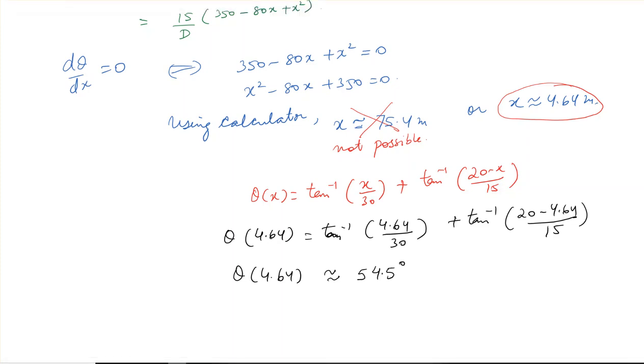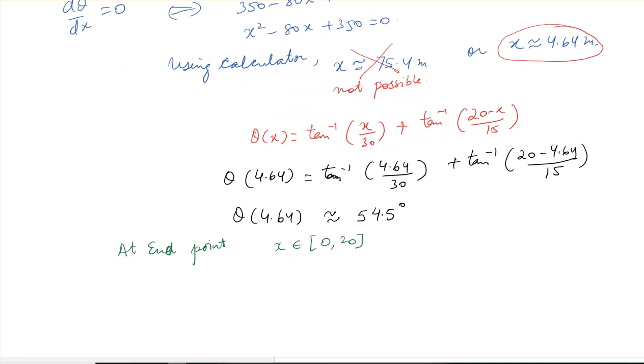Similarly, we're going to check at the endpoints. We know that the range for x is 0 to 20, so minimum it can be 0, maximum it can be 20.